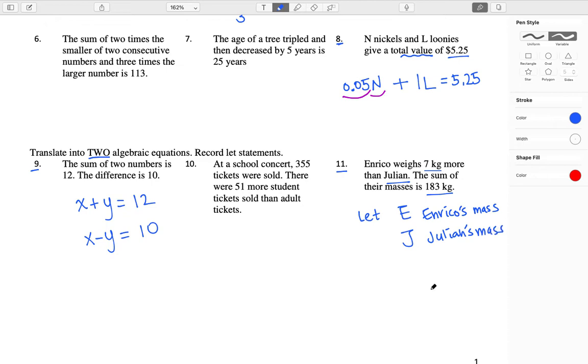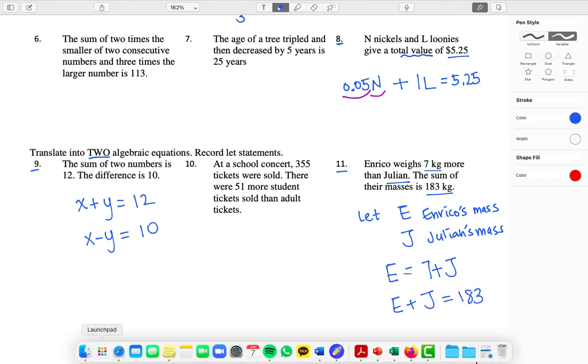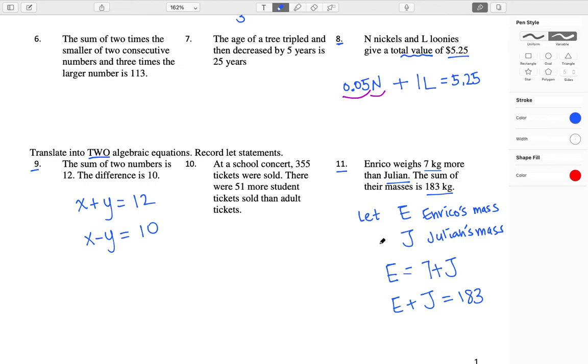So therefore Enrico weighs 7 more than Julian, and then the sum, which is E plus J, is equal to 183. So there we have 2 equations.